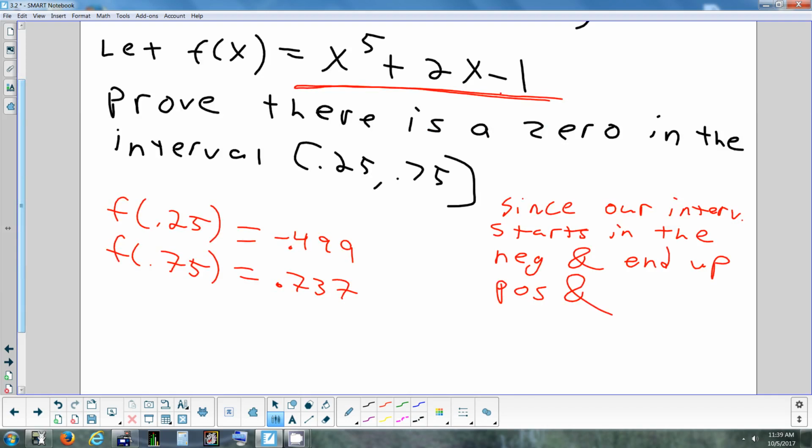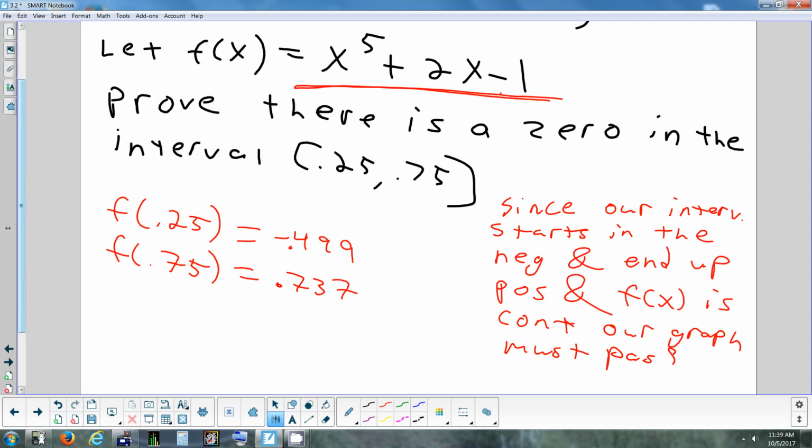It's important to mention that. And what do we call it? F of x. F of x is continuous. Our graph must pass through 0. Now, where does it pass through 0? We don't know. We didn't find that. But we know it has to somewhere.